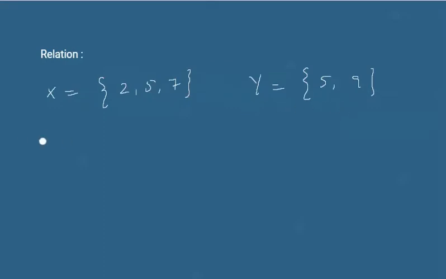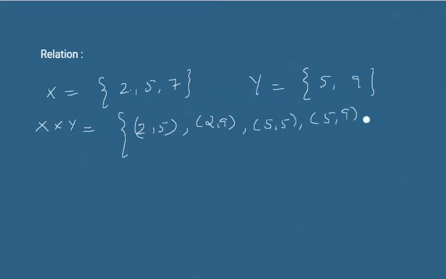So we have two non-empty sets. Shall we write X cross Y, the Cartesian product? Write in order: (2, 5), (2, 9), (5, 5), (5, 9), then (7, 5), (7, 9). So these are the elements of X cross Y.